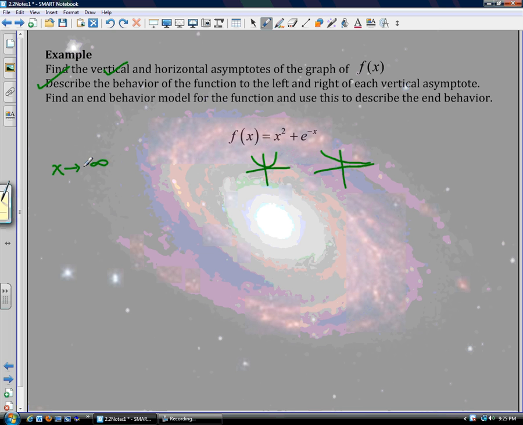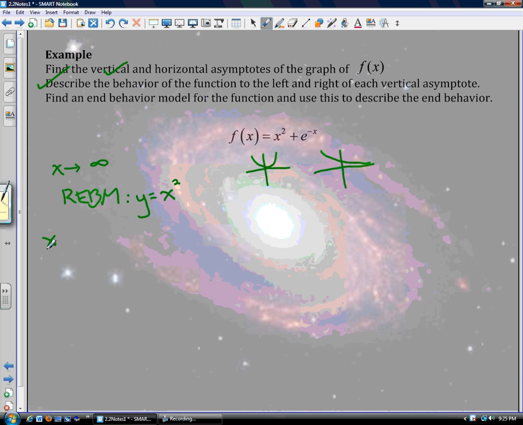So as I go to infinity, this function is going to 0, this function is going to positive infinity. So my right end behavior model is just going to look like y equals x squared, because it's just x squared added to 0.